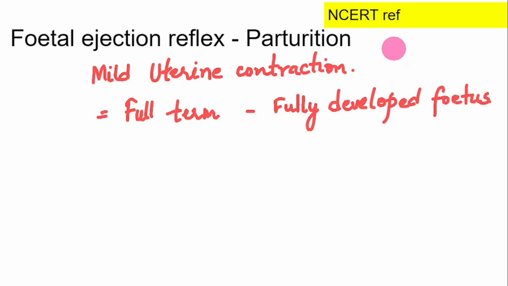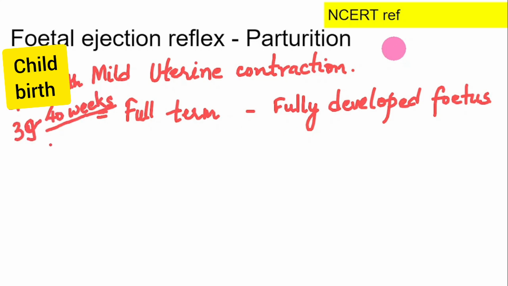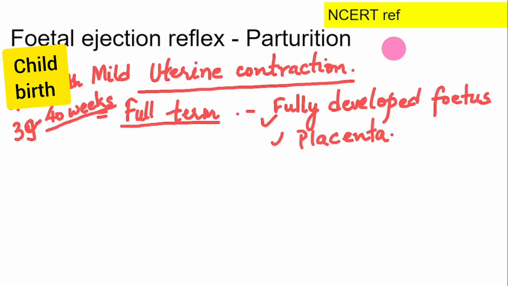What is the duration for full development of the fetus? It is 40 weeks. So 39 to 40 weeks is normal, a full term baby. Before this will be called preterm delivery, and after 40 weeks will be called overdue delivery. So from the fully developed fetus and placenta, mild contractions are initiated in the uterus.